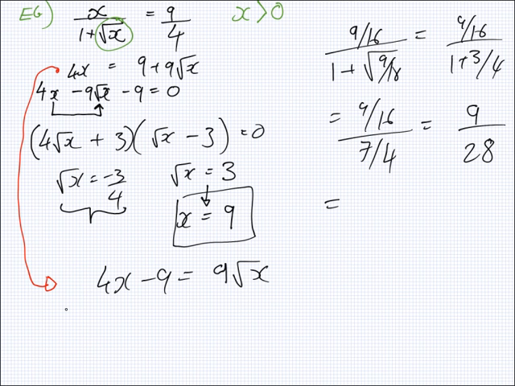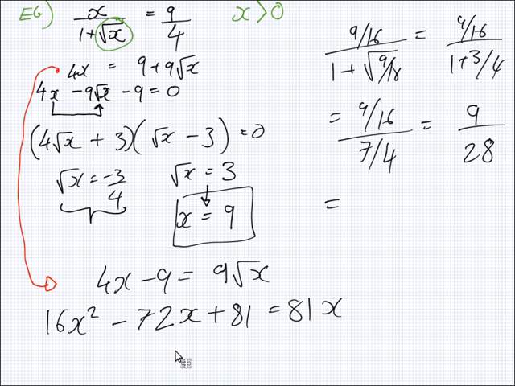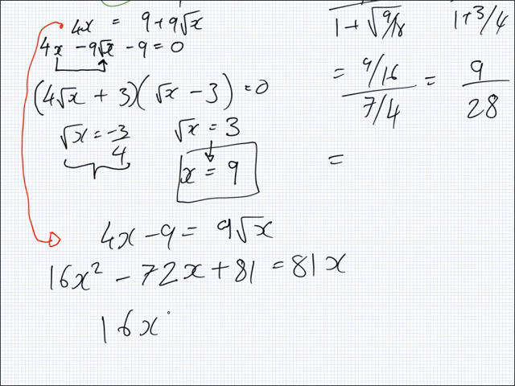Now I'll square. 16x squared minus 72x plus 81 equals 81x. Did I do that expansion right? Yeah. So 16x squared minus 153x plus 81 equals 0.